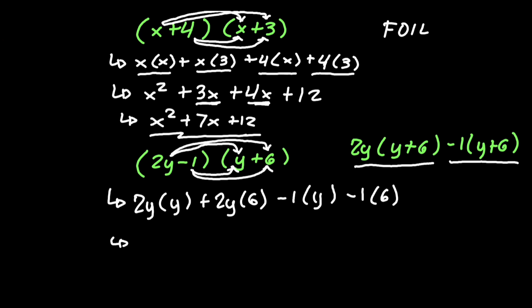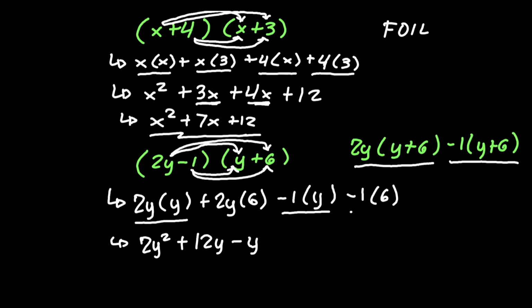Now let us simplify this. 2y multiplied by y would be 2y squared plus 2y multiplied by 6 would be 12y. Negative 1 multiplied by y would be simply negative y. You can also put negative 1y here, but that is not that necessary. So, you can just put negative y.